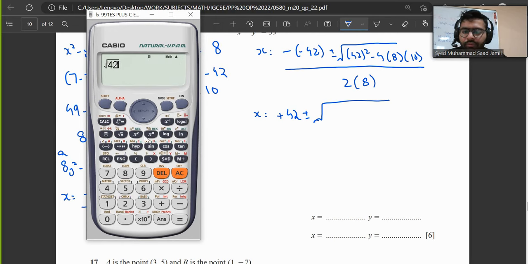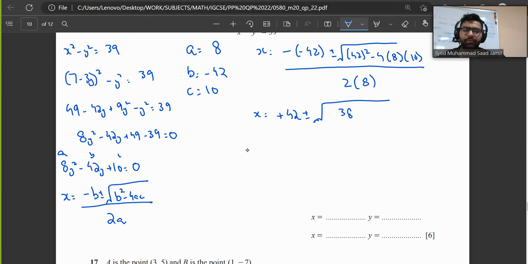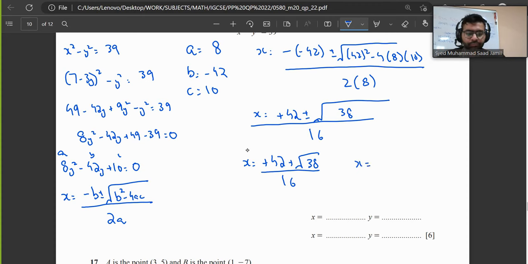Under root 42 squared minus 4 multiplied by 8 multiplied by 10, 38. So that's under root 38 upon 16. Now x is equal to plus 42 plus under root 38 upon 16, and x is equal to plus 42 minus under root 38 upon 16.